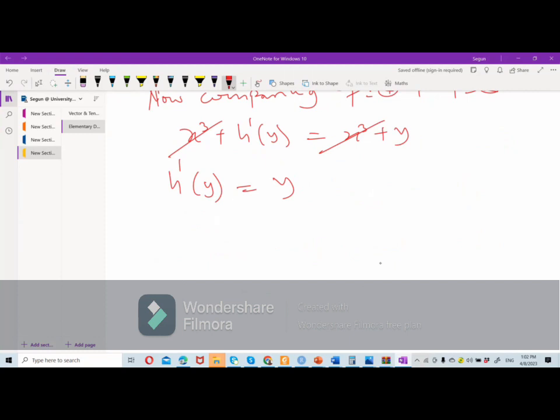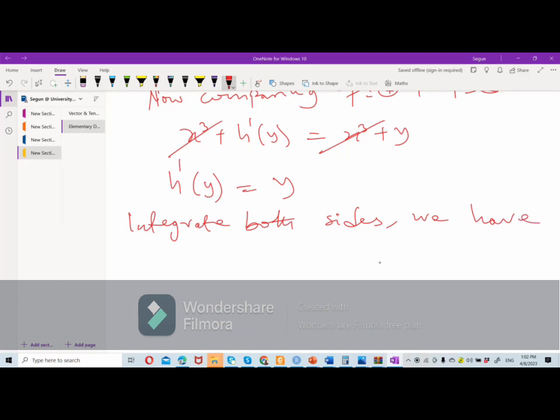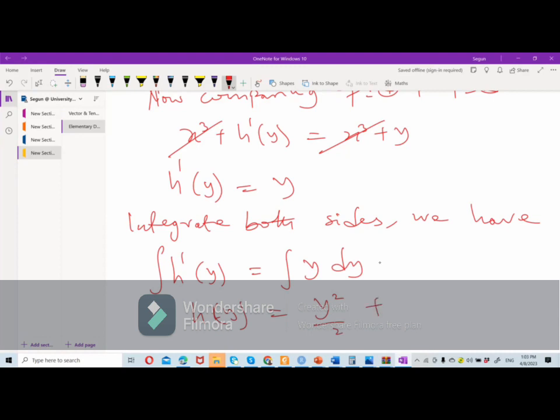Now let's integrate both sides. We have the integral of h prime of y equals the integral of y dy. So when you integrate the derivative, you get h of y equals y squared over 2 plus c.